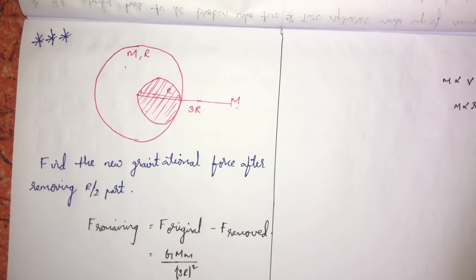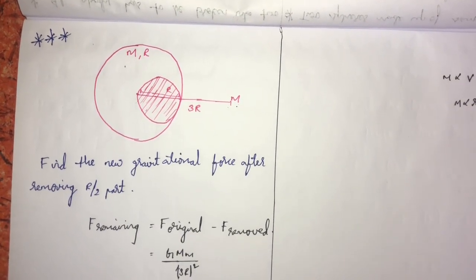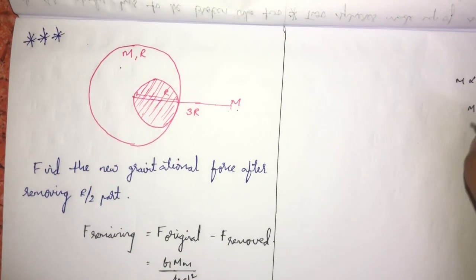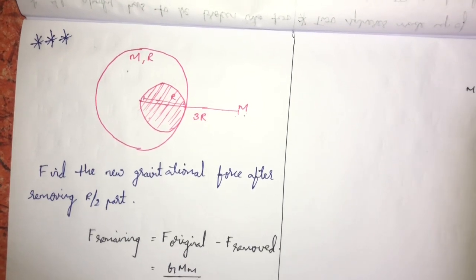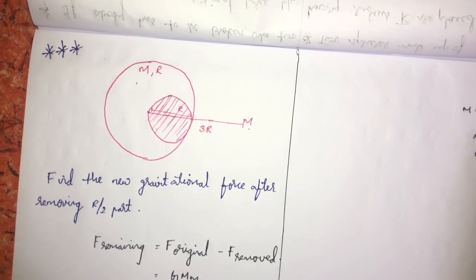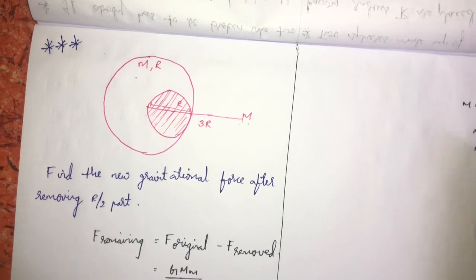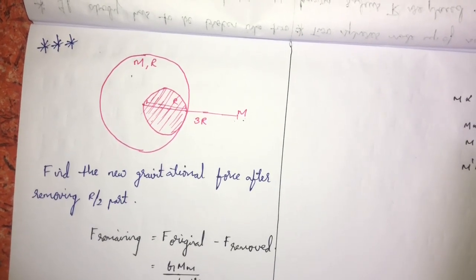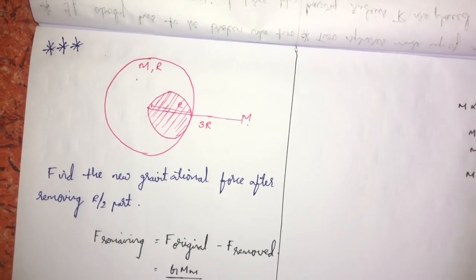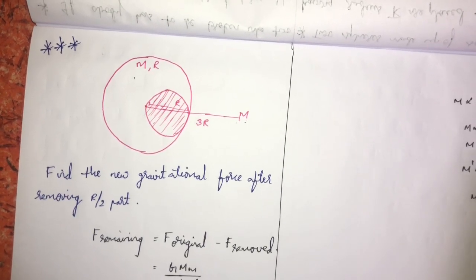So if an r by 2 part is removed, then the new mass will be proportional to r by 2 to the power of 3, that is nothing but r cube by 8, where r cube is directly proportional to m. So m dash is directly proportional to m by 8.